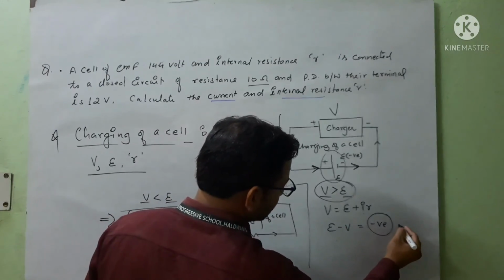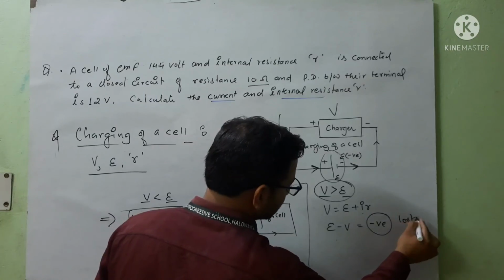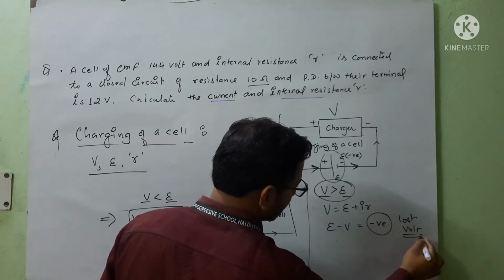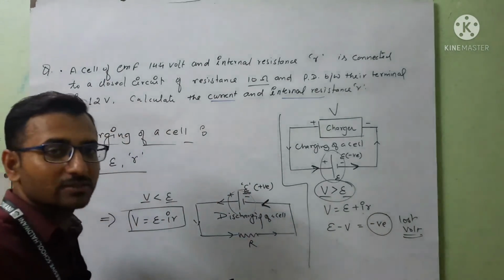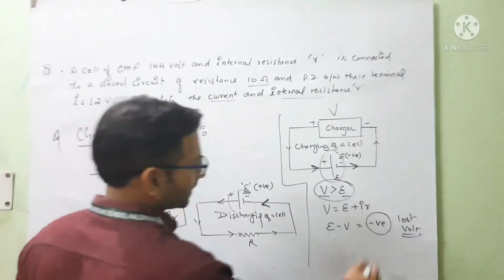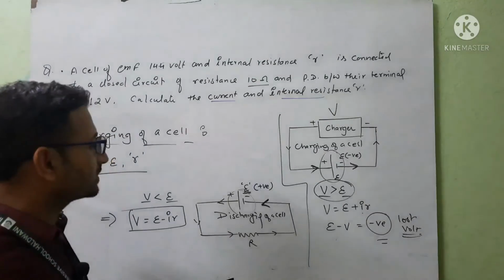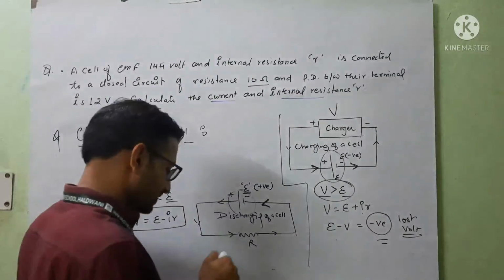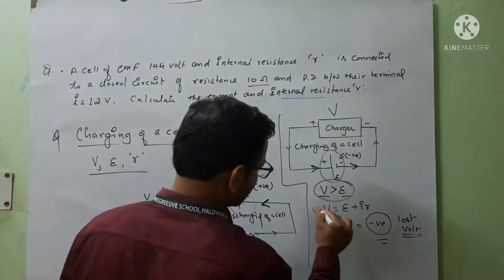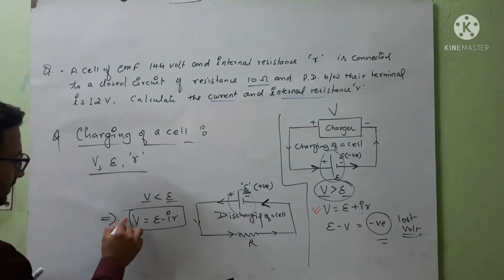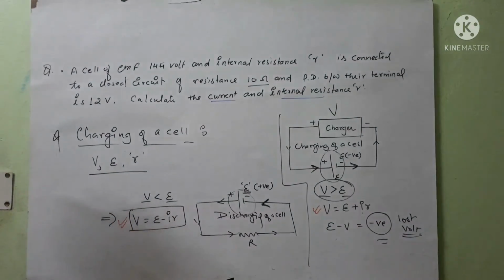This difference is called lost voltage, or loss in voltage, because it is negative. Got it? So these are the formulas for charging and discharging of a cell. This is used for charging of a cell, and this is used for discharging of a cell.